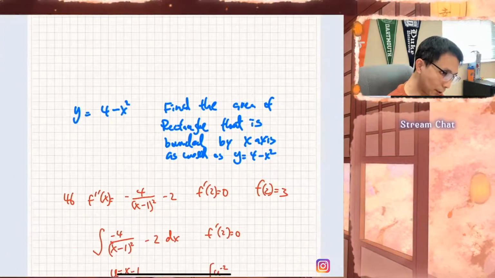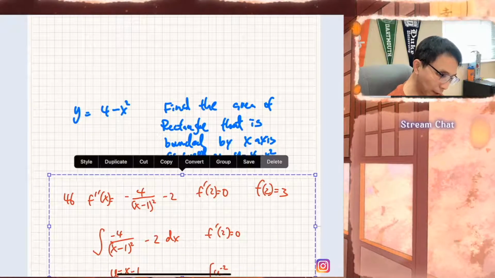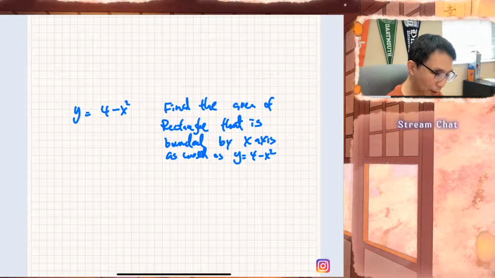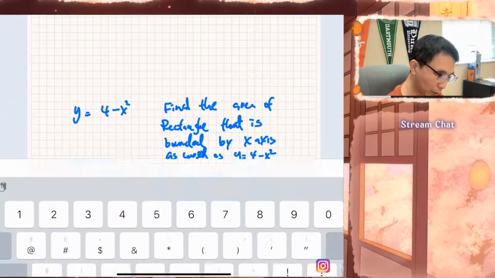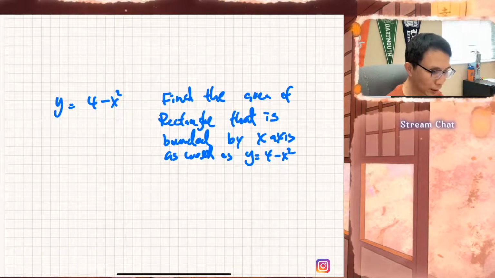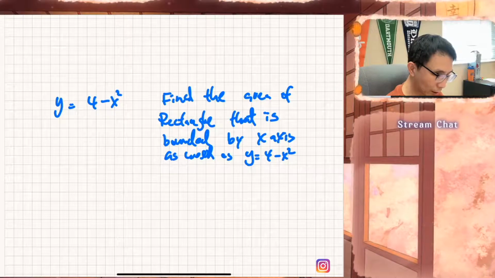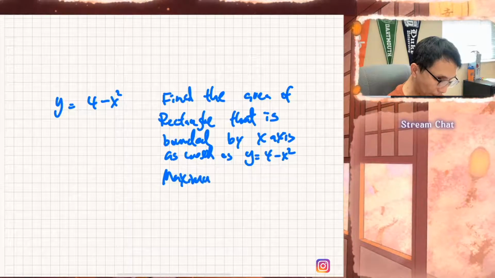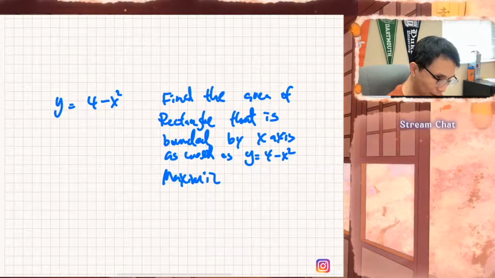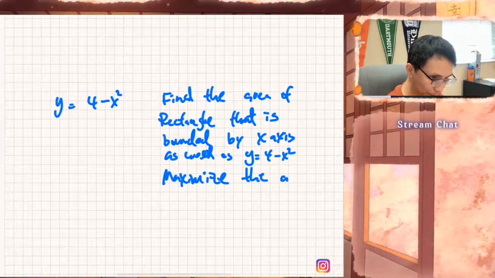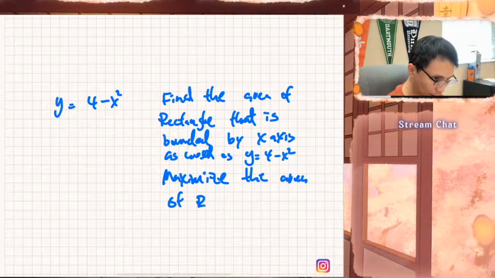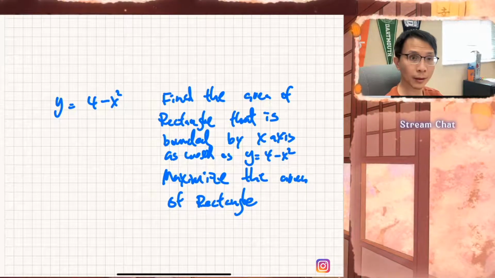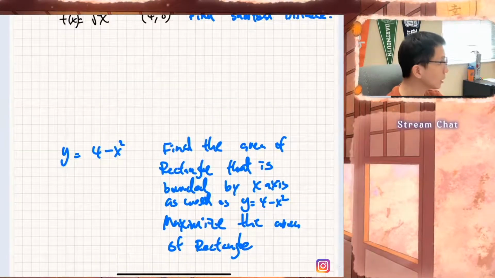Find out the biggest rectangle. Find the area of the rectangle that is bounded by the x-axis as well as y equals 4 minus x squared, and I need you to maximize the area of the rectangle. You guys are going to practice on these 2 questions.